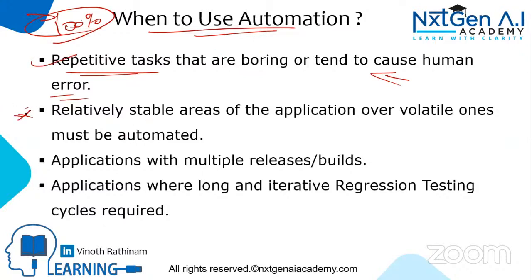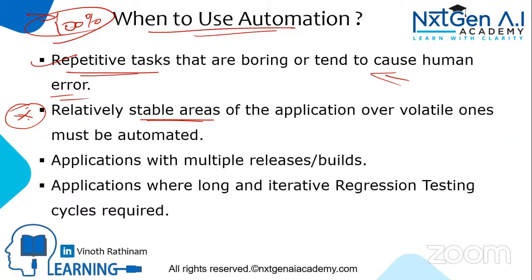And at this point, you can use automation only on a stable application. If the application is very unstable, what is the meaning of stable and unstable? Maybe if you think about 8 or 9 years before, booking an IRCTC ticket during tatkal time, you will know the difference.